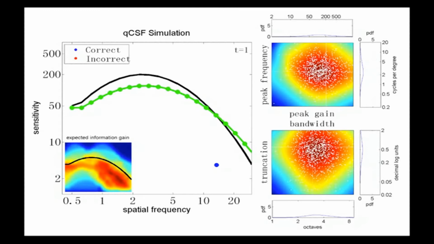The blue dots indicate correct trials, and the red dots indicate incorrect trials. As the test goes on, the posterior distributions become narrower. In about 50 trials, the estimated CSF indicated by the green curve converges to the true contrast sensitivity function of the simulated observer. Here's the movie.